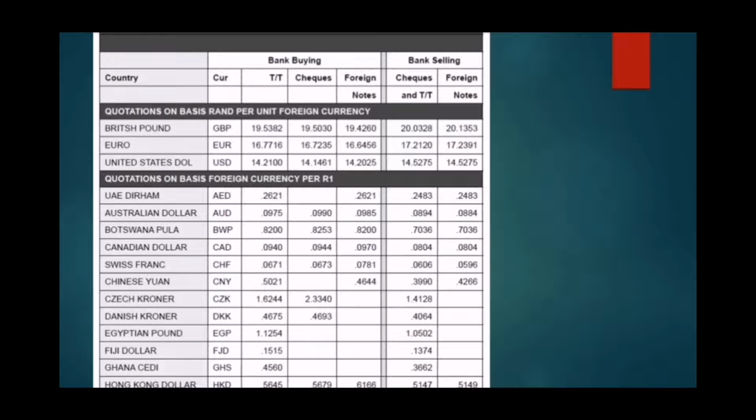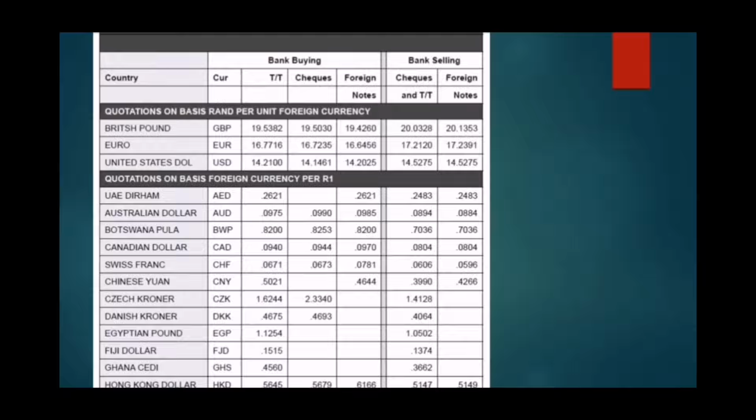Now you will have to look at our scenario. Mr. Zwane is trying to buy foreign currency, which means the bank is selling foreign currency to Mr. Zwane, and it does not stipulate in our example the type of transaction it is.